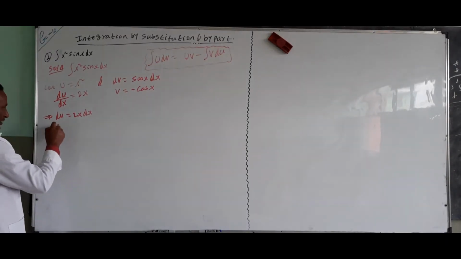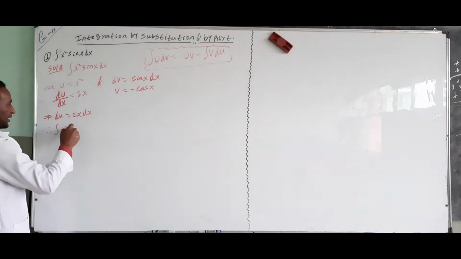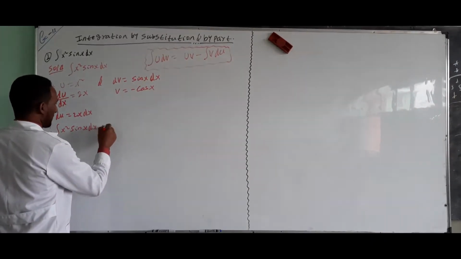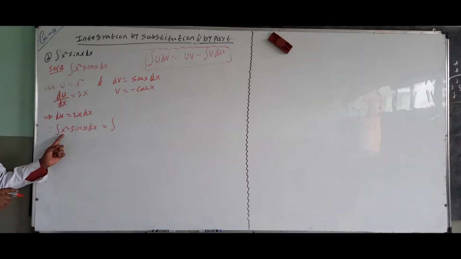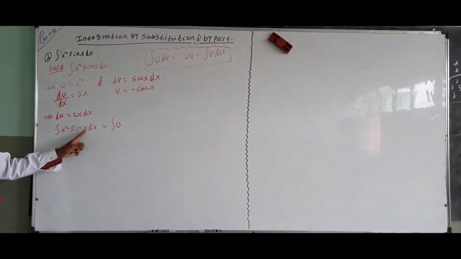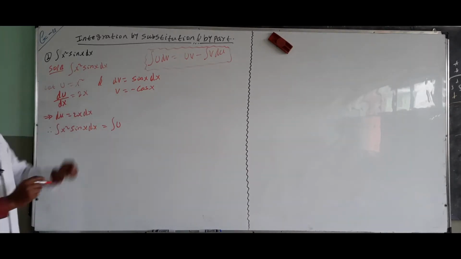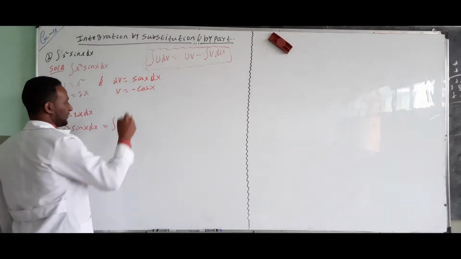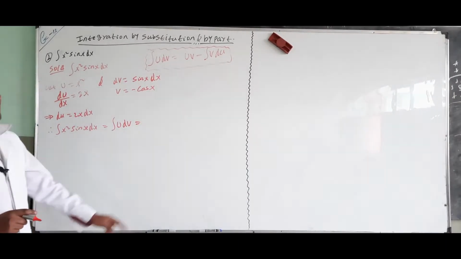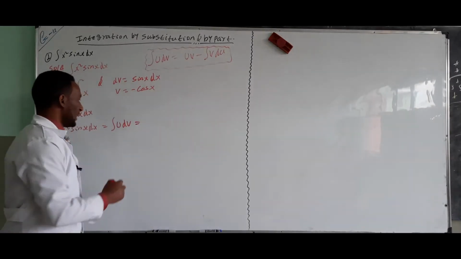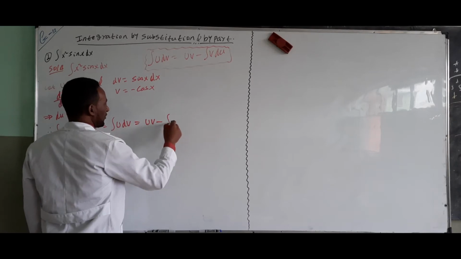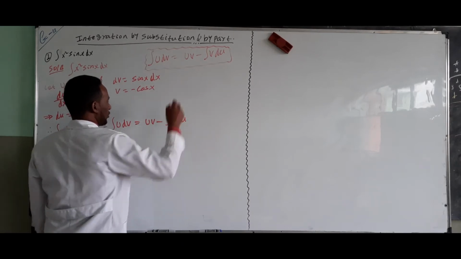Therefore, integration of x square sine x dx is equal to integration of x square, meaning u, times sine x dx, meaning dv. Then by the integration by parts formula, we get uv minus integration of v du.